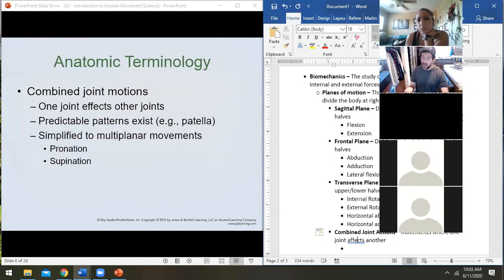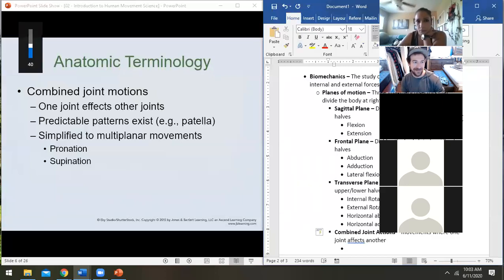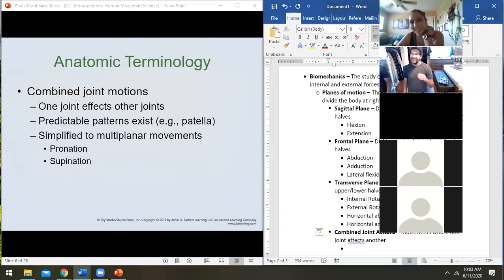For anybody who couldn't hear, the question was: if pronation is excessive dorsiflexion, excessive eversion, and excessive external rotation, is supination the opposite?